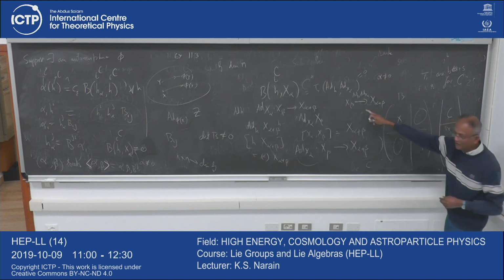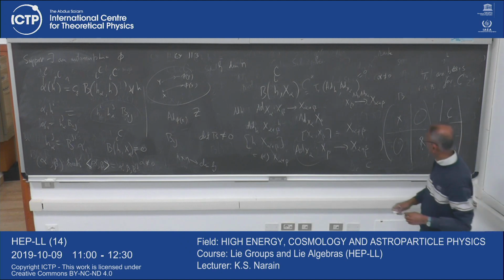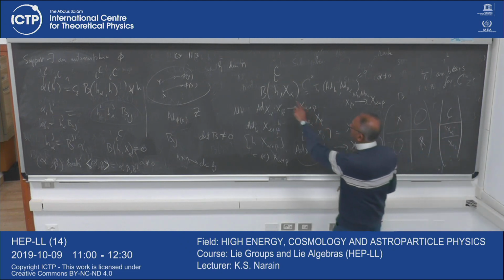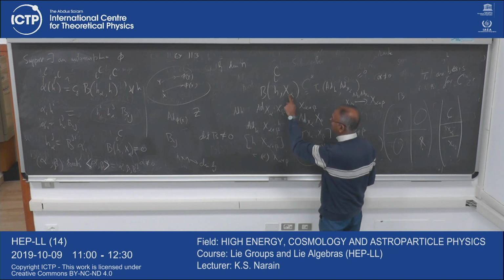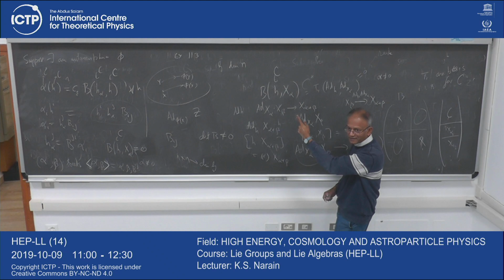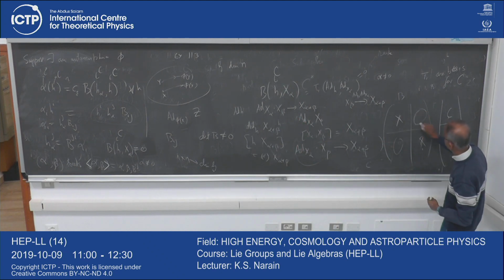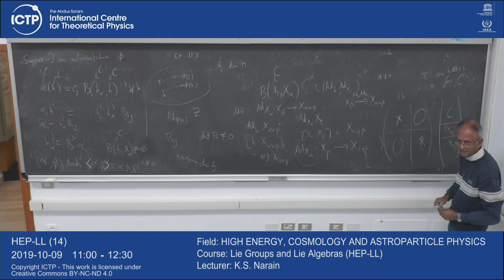Of course, if alpha is 0, then there is no contradiction. So therefore the only way this can be non-zero is if alpha was 0, which means X alpha itself is in the Cartan, right? So that is why only this may be non-zero, but this would be 0. I'm writing here the B.